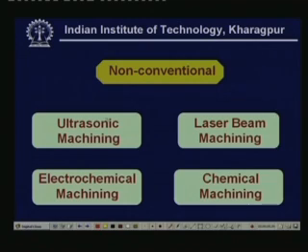The ultrasonic machining utilizes mechanical energy, the laser beam machining utilizes thermal energy, the electrochemical machining uses electrical energy and chemical machining uses, of course, chemical energy. The idea of non-conventional machining is coming out in a very big way and that we will learn later.